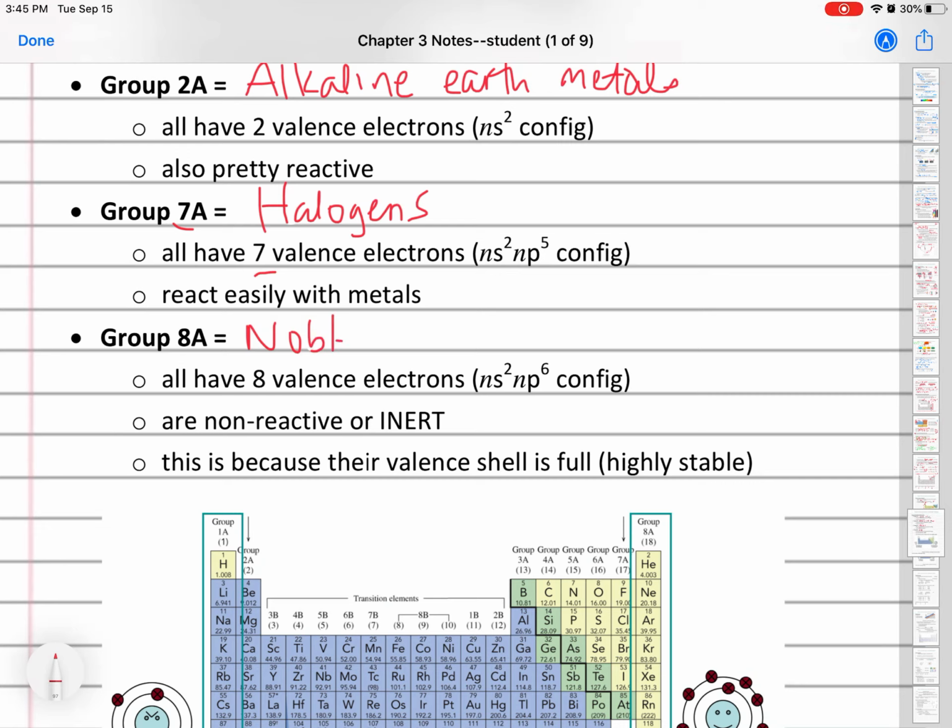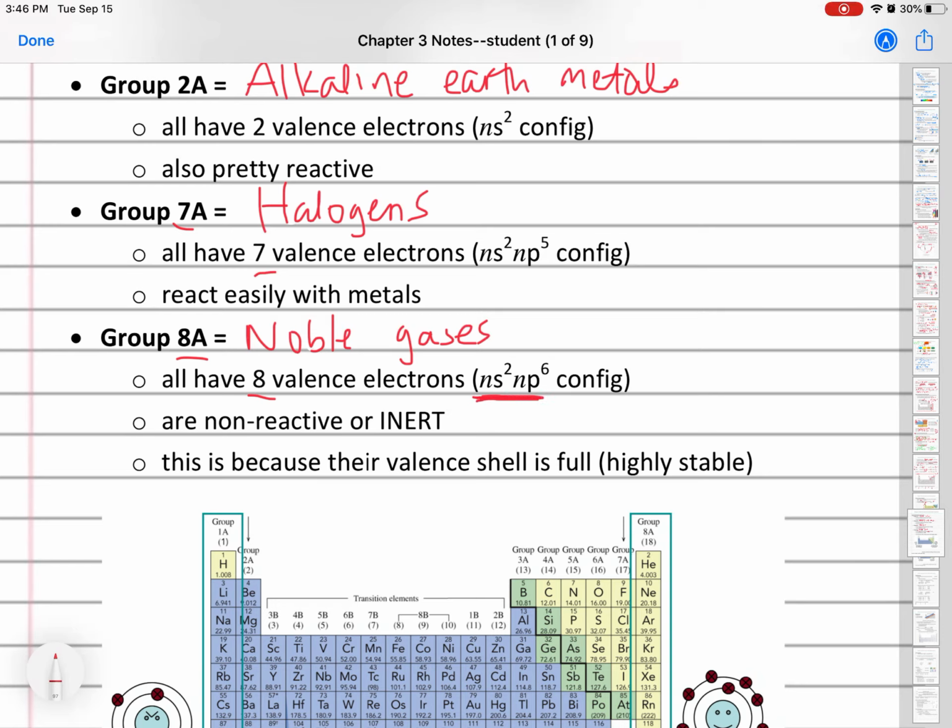And then 8A are called the noble gases. The noble gases have 8 valence electrons. And it turns out that for all main group elements, 8 valence electrons is the amount that fills the outer energy level.